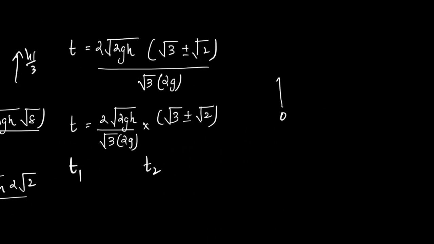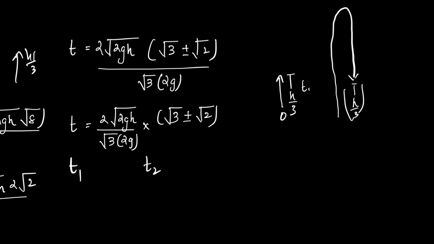If the object is moving upward, this much distance h by 3 will be achieved in, say, time t1, while if it is coming back, the same displacement h by 3 is obtained in time t2. We can clearly say that t2 is greater than t1.